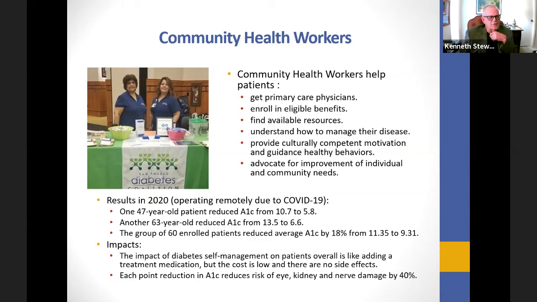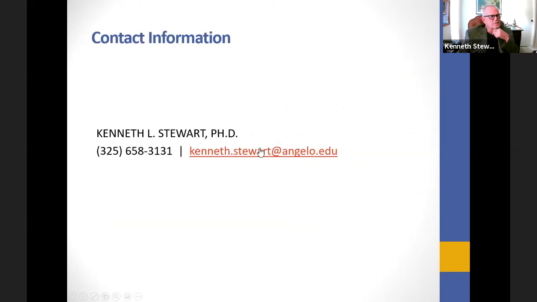Each percentage point in the reduction of A1C is equivalent to reducing eye, kidney, and nerve damage in diabetics by about 40%. So in summary, just to do this quickly, these are the ways that we use pathways to progress to save lives and improve conditions in San Angelo, Texas. Thank you.